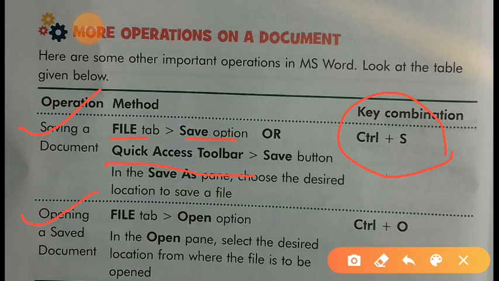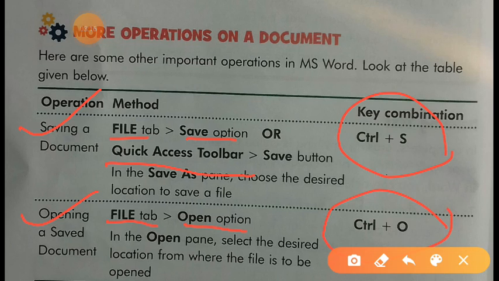Next one is opening a saved document. So dear students, if you want to open a saved document, then you have to click on the File tab, and then click on the Open option. In the Open pane, select the desired location from where the file is to be opened, and then click on the Open option.